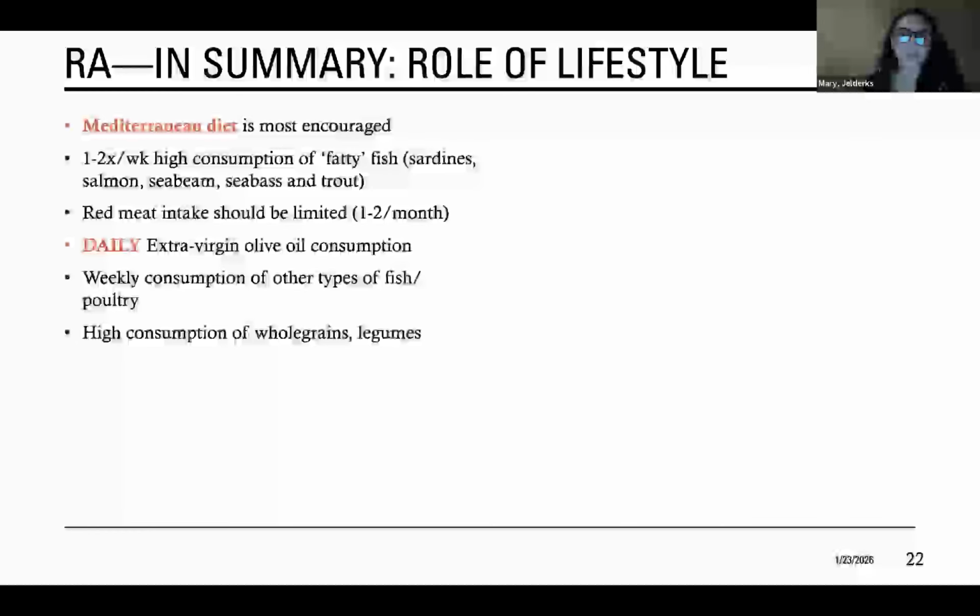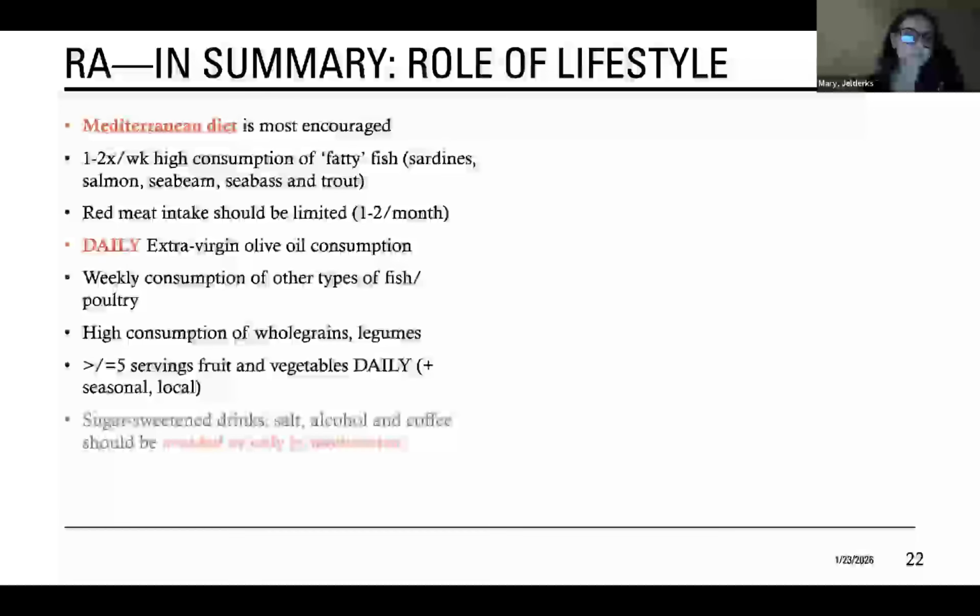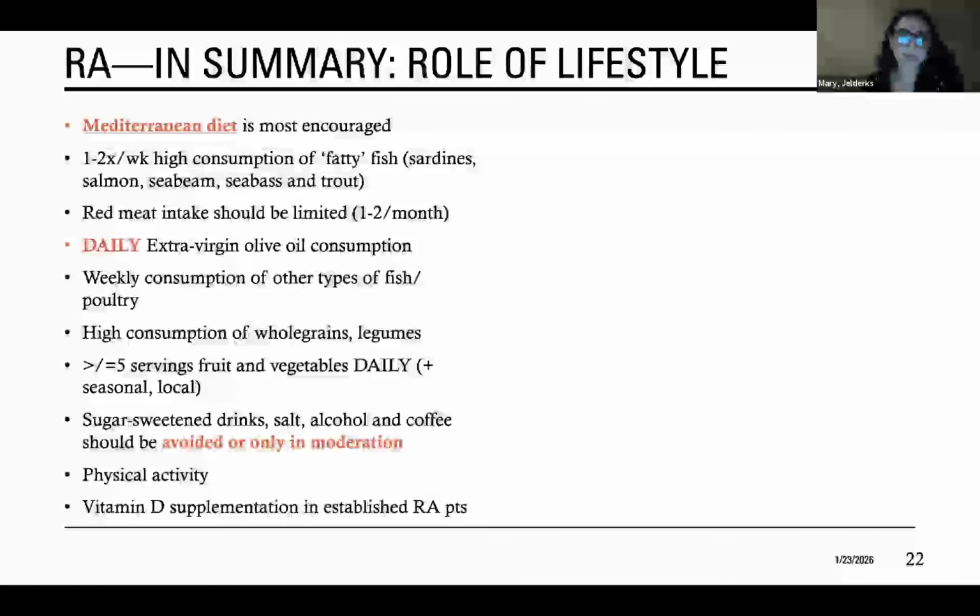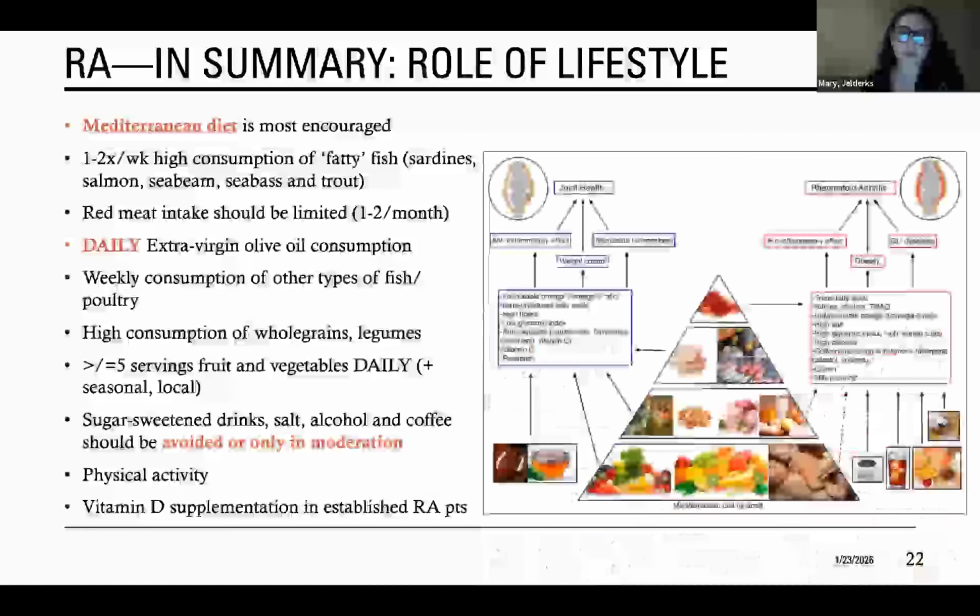High consumption of whole grains, legumes. 5 or more servings of fruit and vegetables daily, and even better if seasonal or locally grown. Sugary, sweetened drinks, salt, coffee, alcohol should be avoided or in moderation. And of course, physical activity. Vitamin D supplementation, as we mentioned, in established rheumatoid arthritis patients.